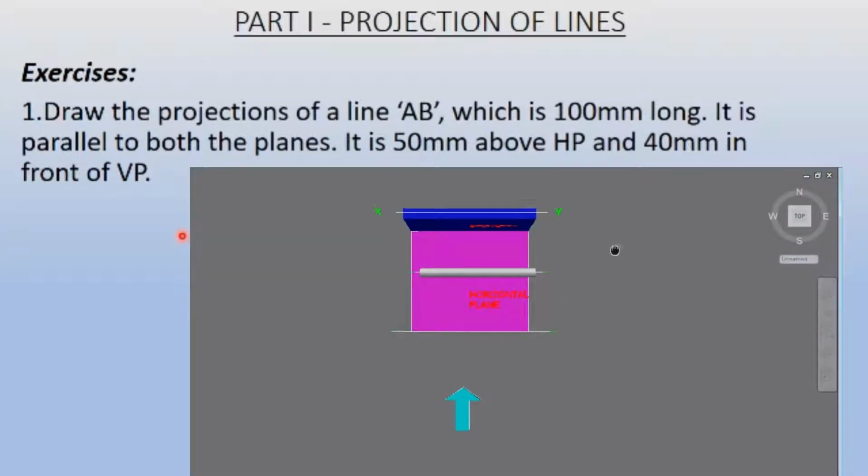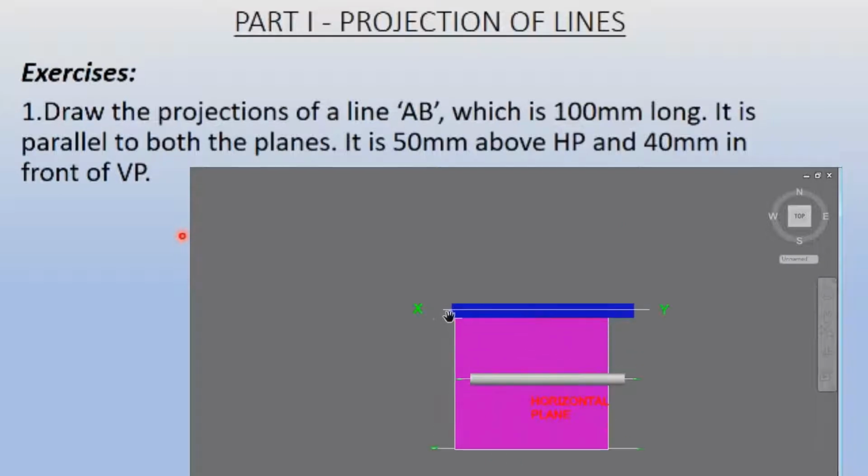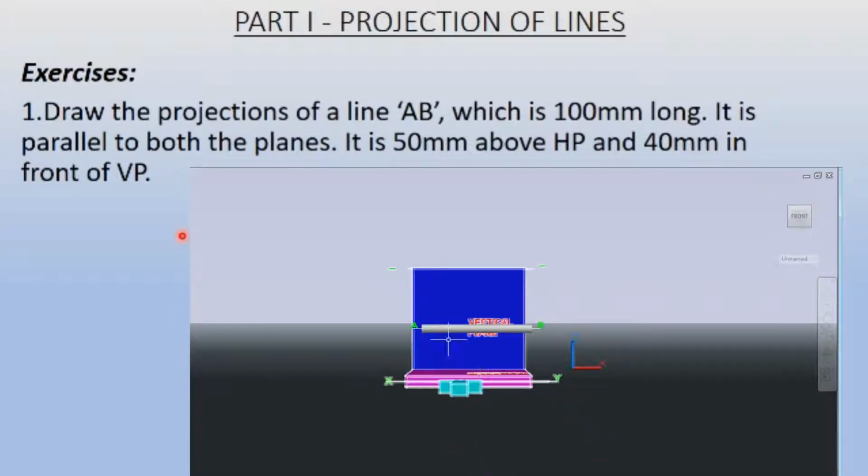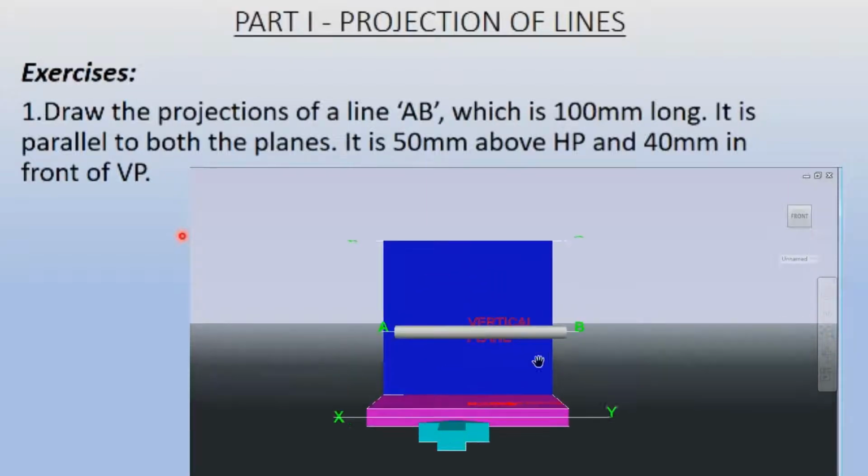And in the top view you can see that this is the XY line and the line is again parallel to the vertical plane, and it is 40 mm in front of it. So we will take this distance as 40, and it is 50 mm above HP, so this distance will be 50 mm.